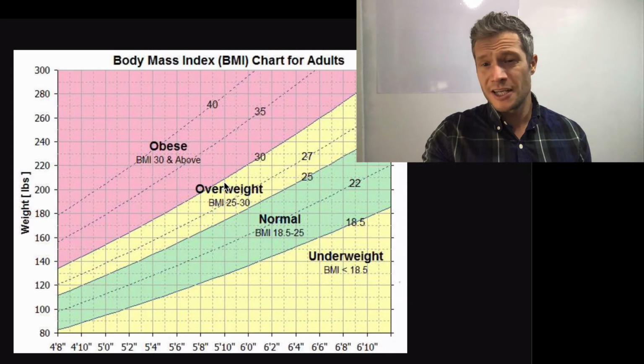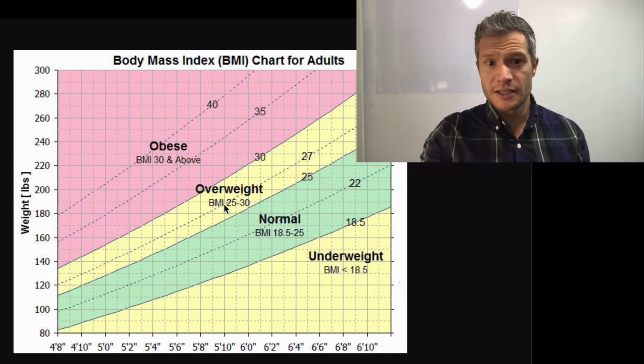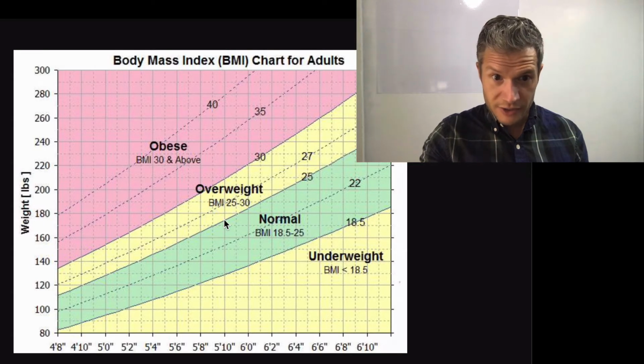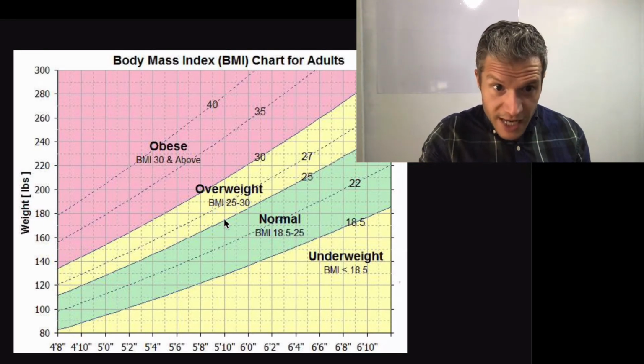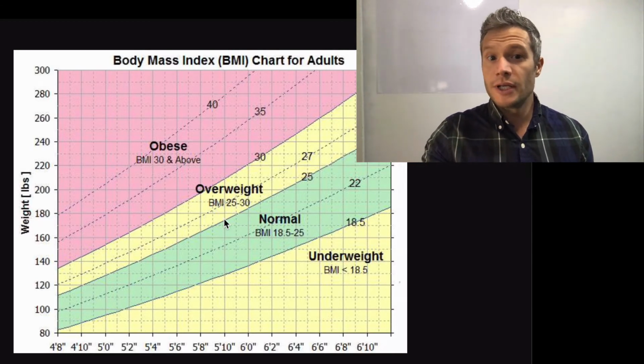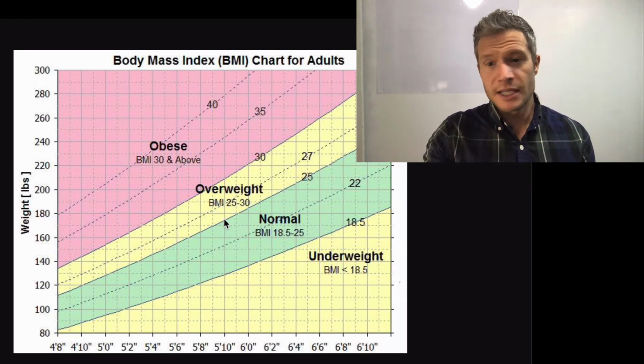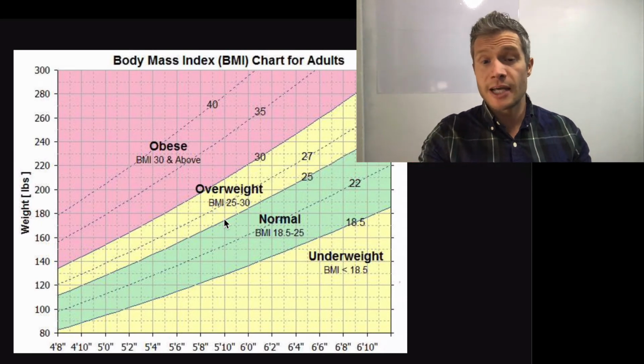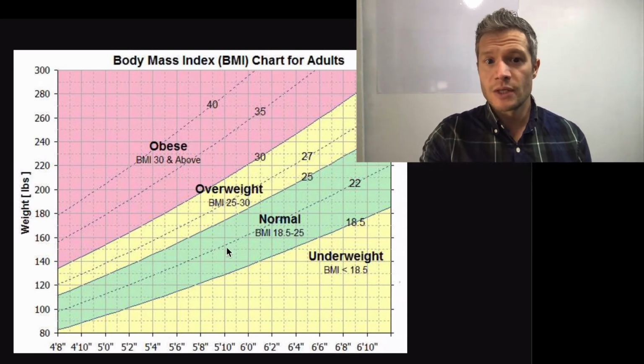People were saying, oh, that's probably the healthiest, somewhere in here. I mean, more healthy would probably be right at that junction there. So if someone who is 5'10" was 173 pounds, that's perfect. That's great. That has the best health outcomes we're finding. So not even here in the normal range.